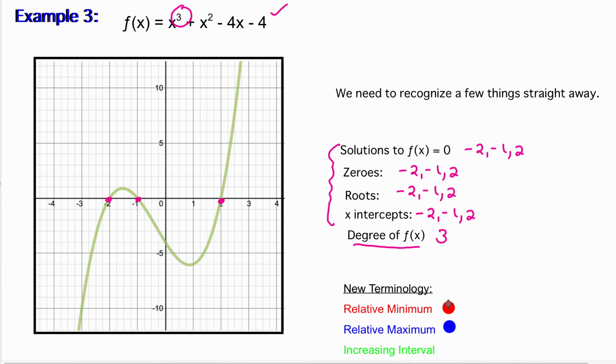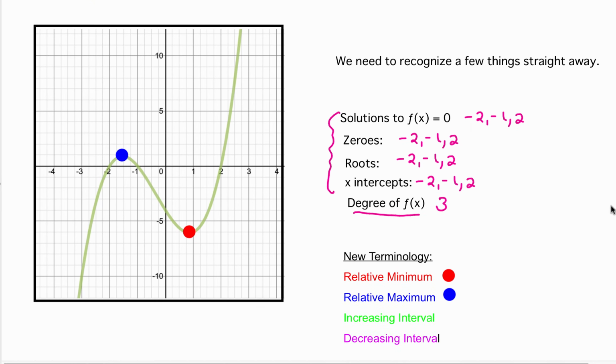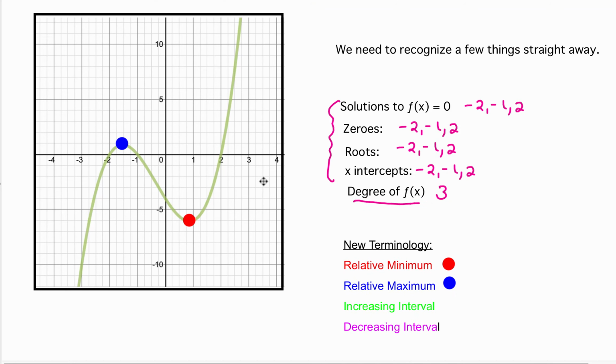All right, can we find a relative minimum? Yep, right there. Can we find a relative maximum? Boom, right there. Can we find our increasing and decreasing intervals? Yes. Now I'm going to add one more little thing to it, which we will talk a little bit about tomorrow in class.